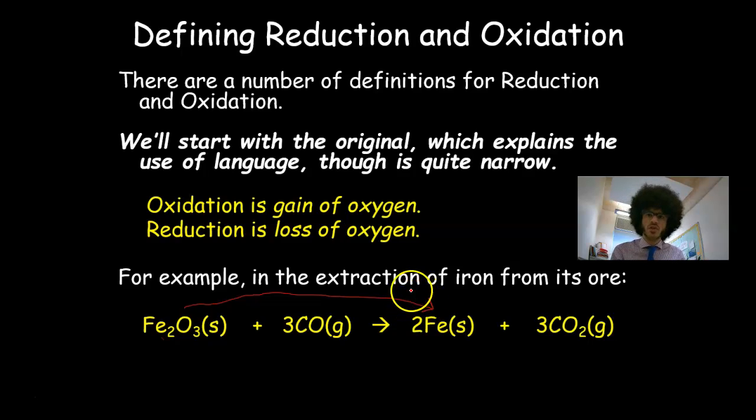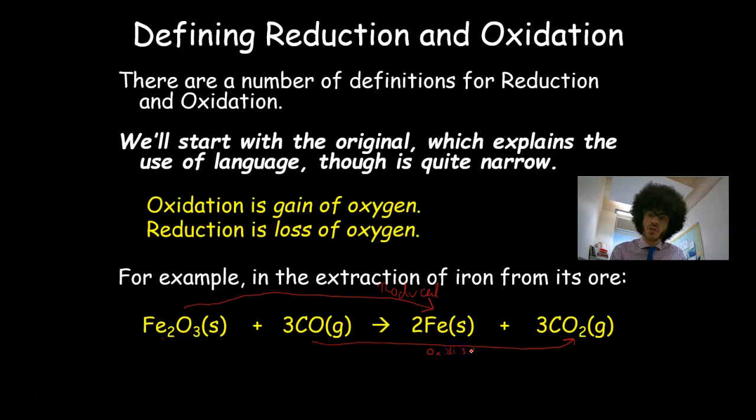Because it loses oxygen, that is consistent with our definition of reduction. Therefore, my iron has been reduced. However, if I look at my carbon, it starts off with one oxygen because it's carbon monoxide, but as the reaction proceeds, it gains another oxygen to form carbon dioxide. Therefore, this substance has been oxidized.